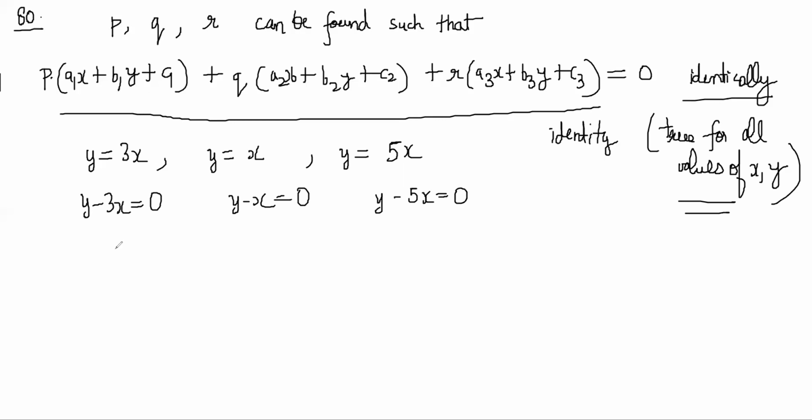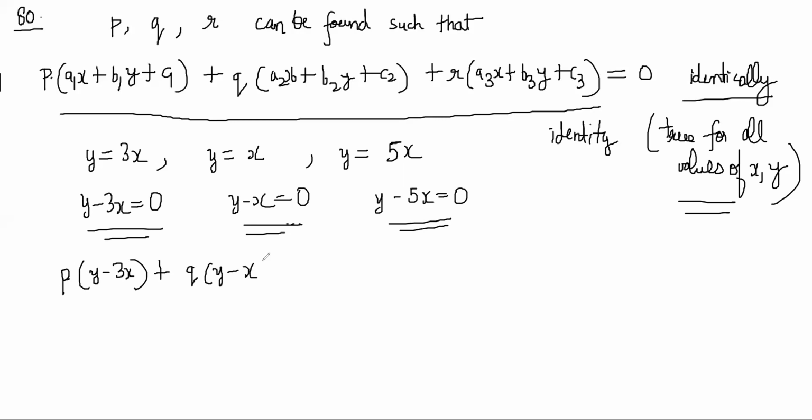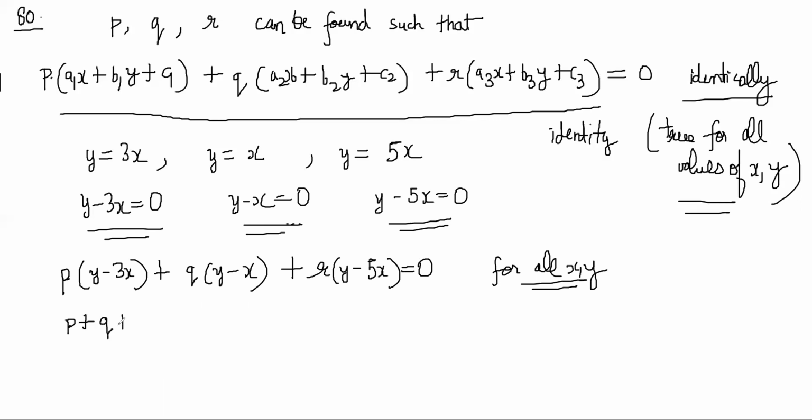Now what this article is saying is you should be able to find p, q, r such that p into y minus 3x, plus q into y minus x, plus r into y minus 5x is equal to 0 for all values of x and y, identically 0. So what does this mean? p plus q plus r times y, plus x times minus 3p minus q minus 5r, should be equal to 0.